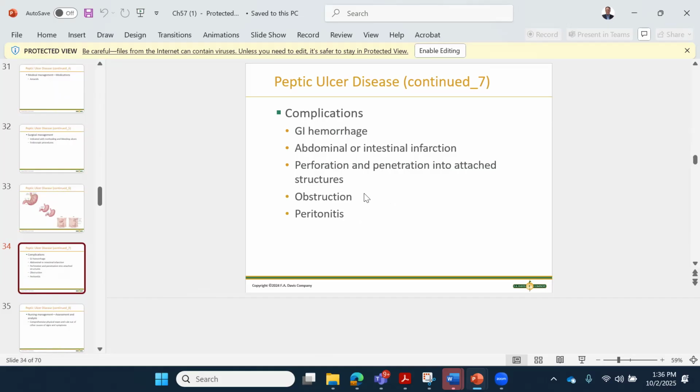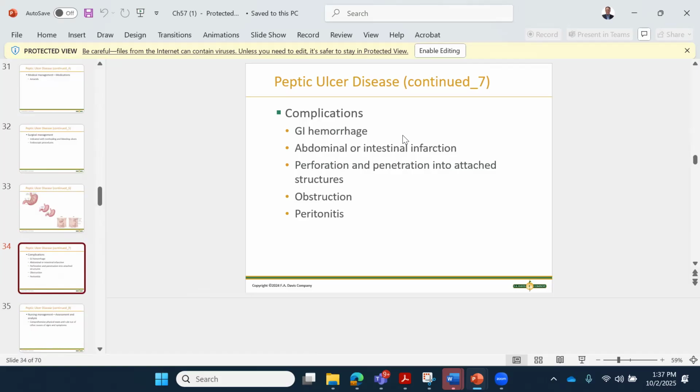If a person has episodes where there is a decrease in blood supply to gastrointestinal tissue, they could end up with an infarction of the area.